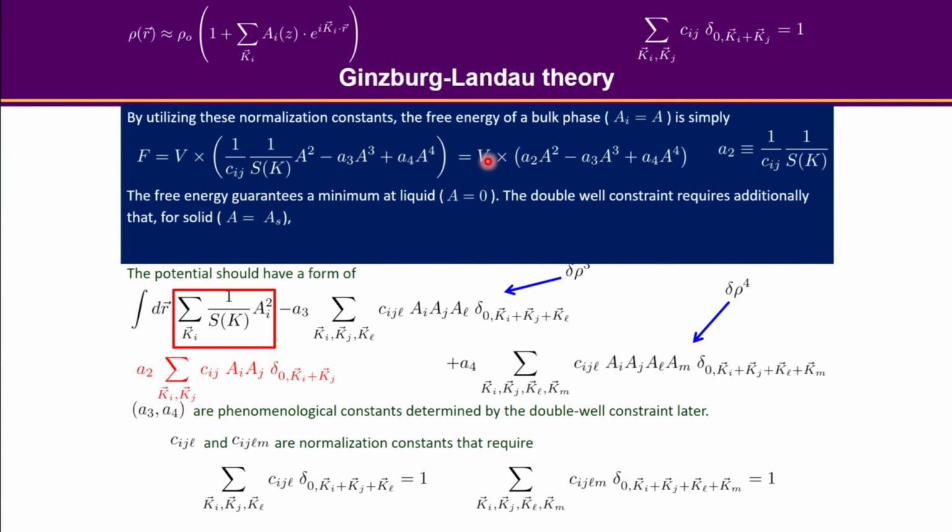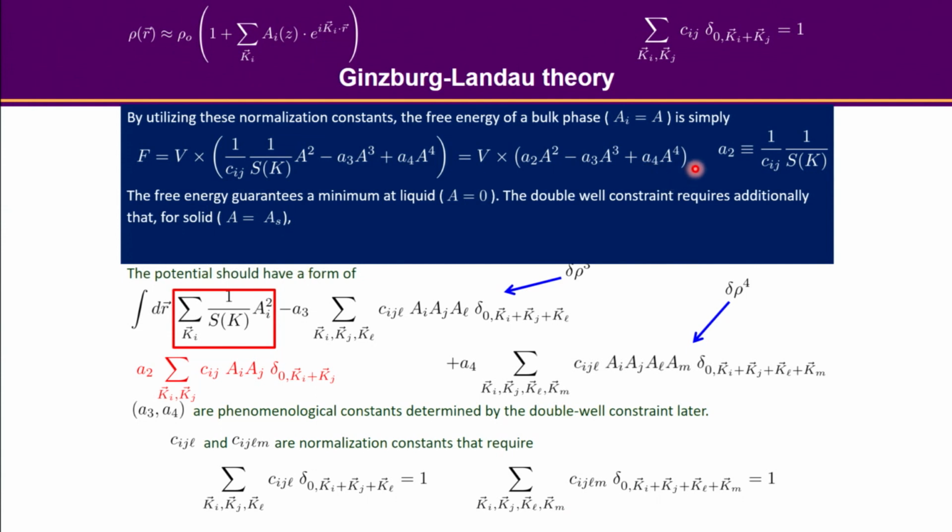Or if you divide by the volume, that would be the bulk energy density. It immediately satisfies the constraint that in the liquid it's a minimum with value 0, because when A equals 0, you get energy 0. You take the derivative to show that at A equals 0 it is 0, which means a minimum.